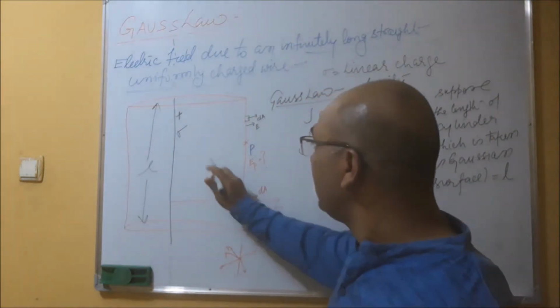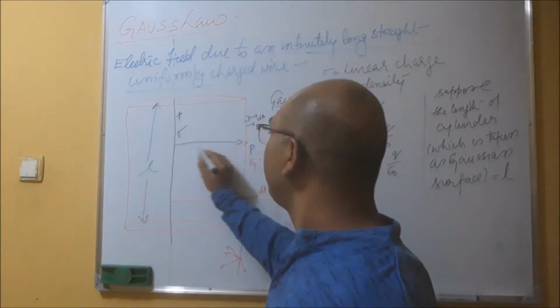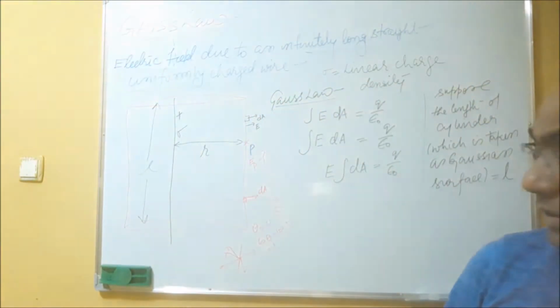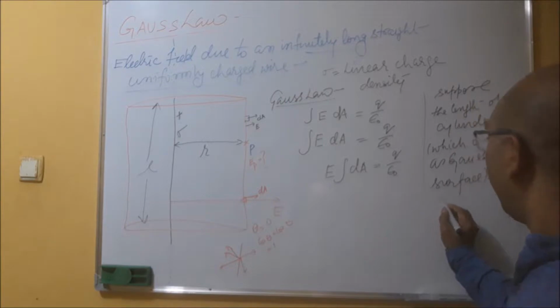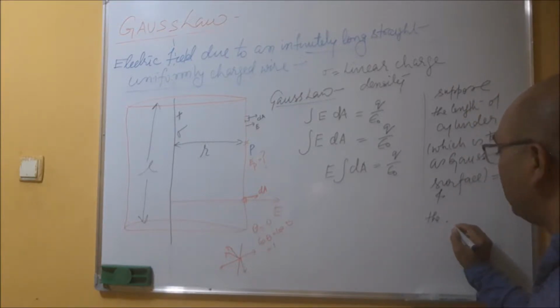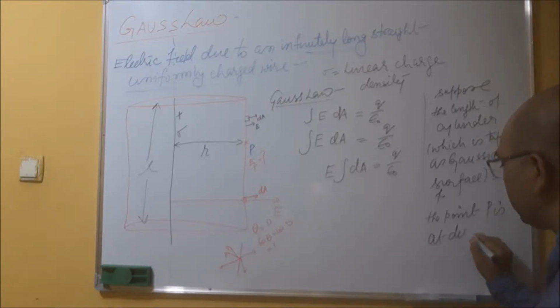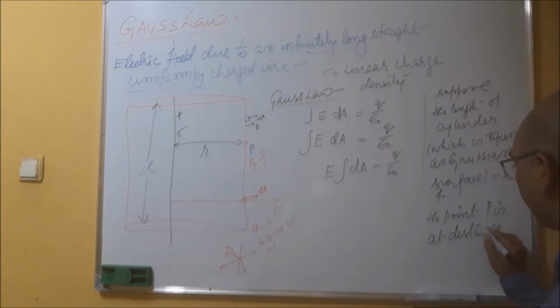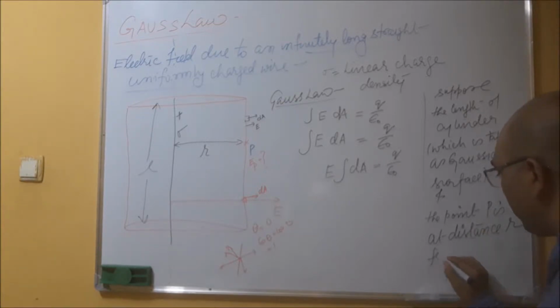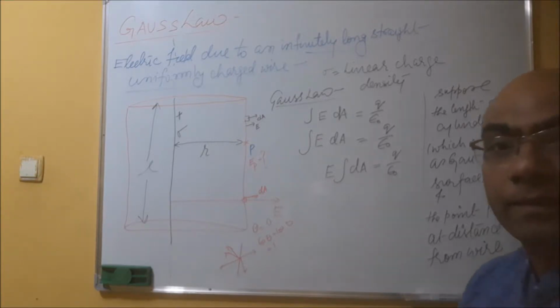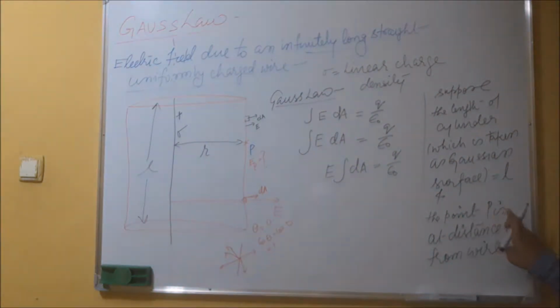And this point P is at a distance of R from this wire. So this point P is at distance R from the wire.